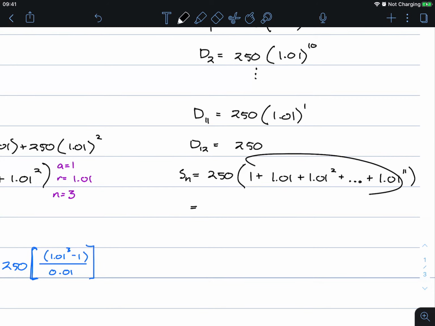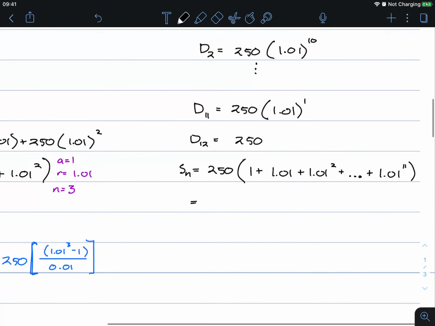We can convert this again into the sum of a geometric sequence, or series, sorry. The first term is 1 outside of the rate to the power of the number of terms, 12, minus 1, all over 1.01 minus 1. I'm going to simplify that one to just 0.01.